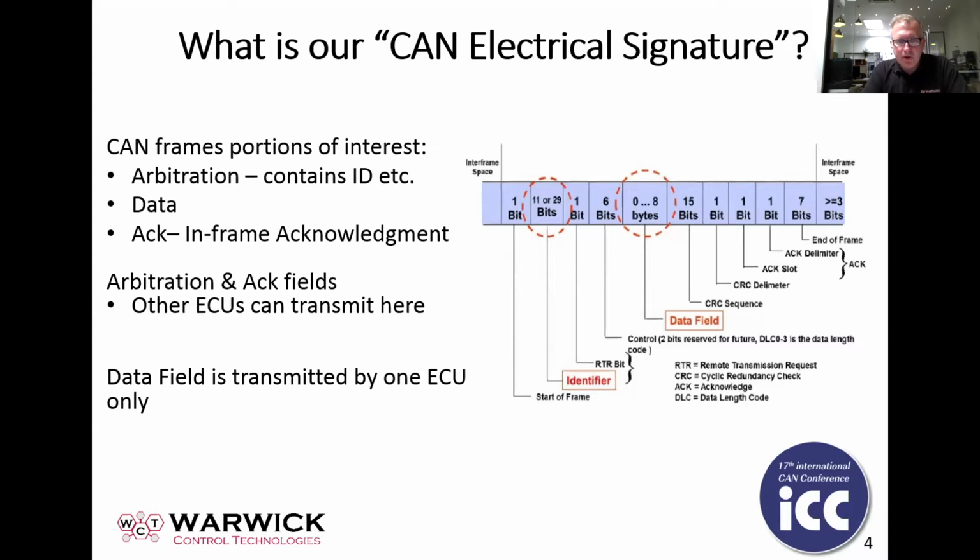Also, the acknowledgement field will be filled in by one or more devices that have successfully received the CAN frame. Therefore, we need to look at just the data field of the CAN signal.